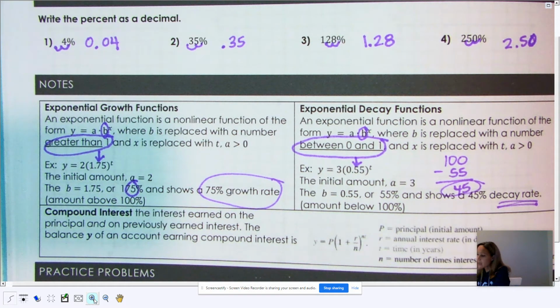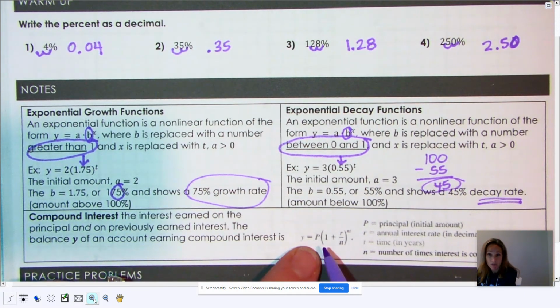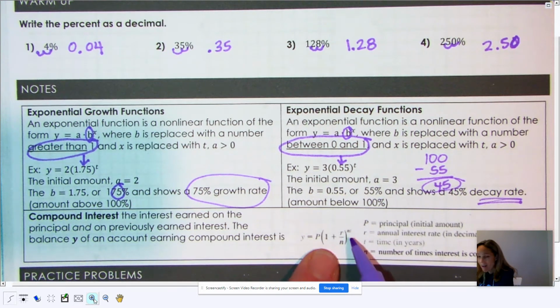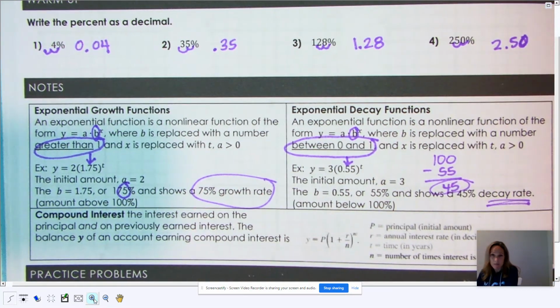And so we will get to that in a minute, but this one, the P is your principal or initial amount that you put in. That 1 represents 100%. And then the R is the rate that we're adding on, but we're dividing it by the number of times that we're compounding it each year. The T is the number of years, and again, the N is how many times we're compounding it in that 1 year.